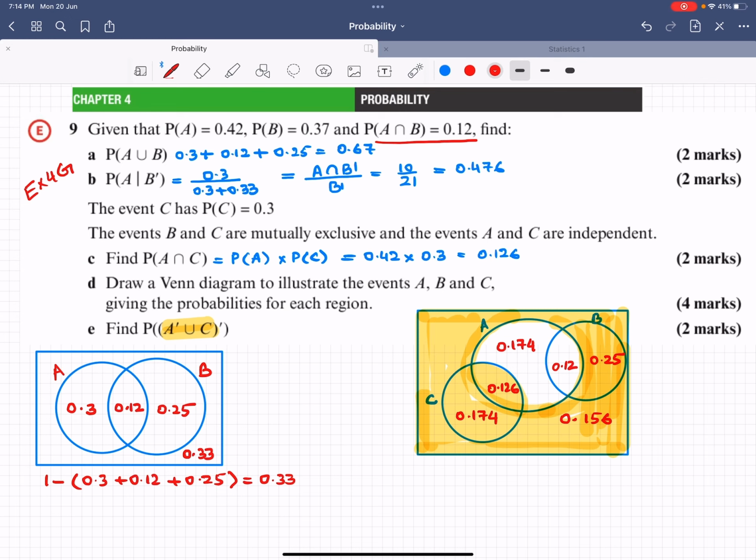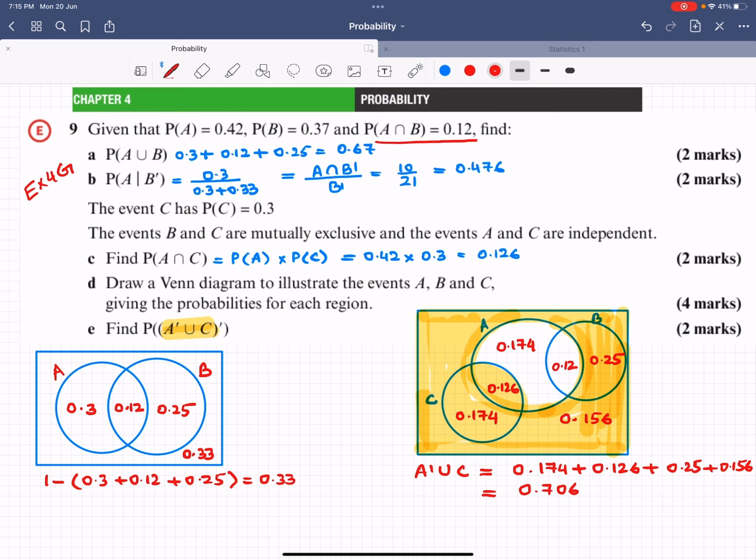And now A complement union C, we can add up all the probabilities and find that is 0.174 plus 0.126 plus 0.25 plus 0.156, and that equals 0.706.